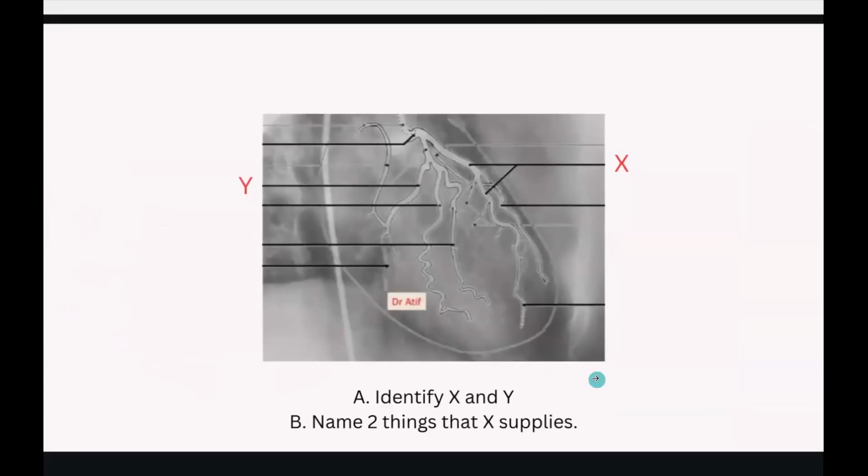So let's get into a few questions. This is an angiogram, can anyone identify X and Y? This is Y, and this is X. And name two things that X supplies. So what is X?